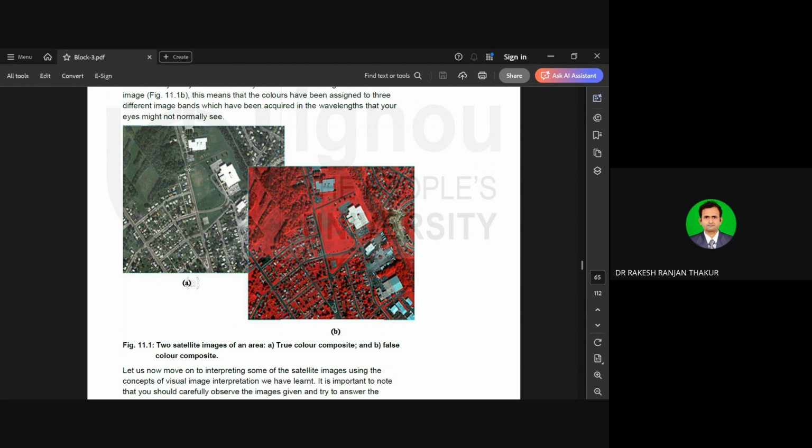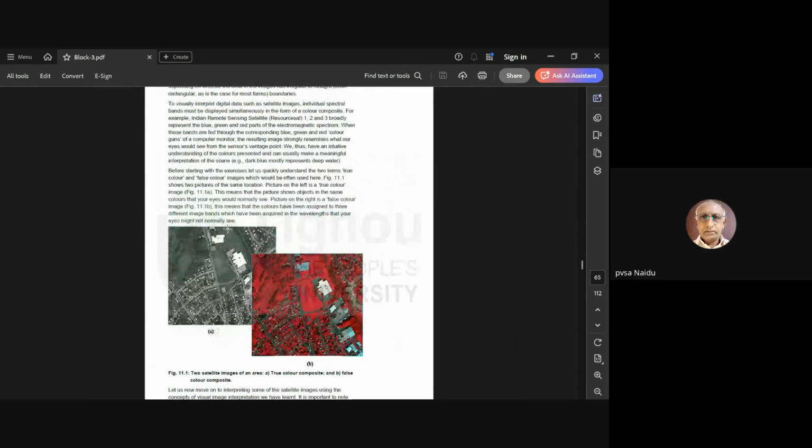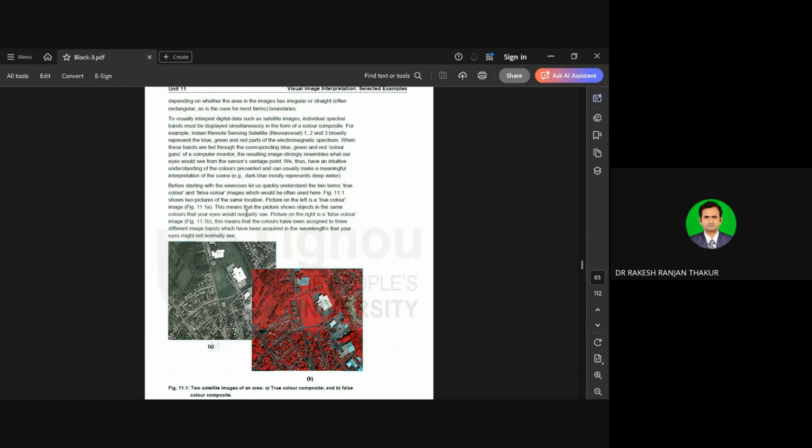Okay, can anyone say what is the reason for giving this false color? Anyone, any idea why we give this? Why do we give it? Can you tell? No.